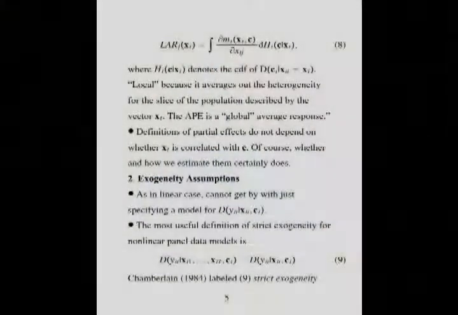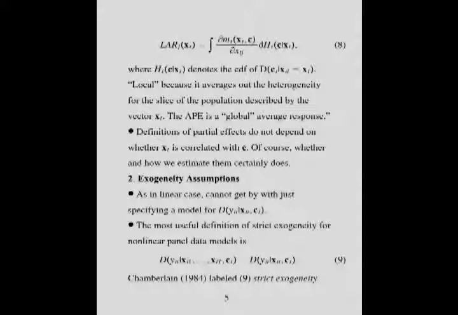So if you look at the piece in equation 8 without integrating it, then that's just what I called theta_j as a function of the covariates and the heterogeneity. And what the average partial effect does is it averages across the entire population. It averages out the heterogeneity. Whereas this just averages out the heterogeneity at the value of the covariates x_t.